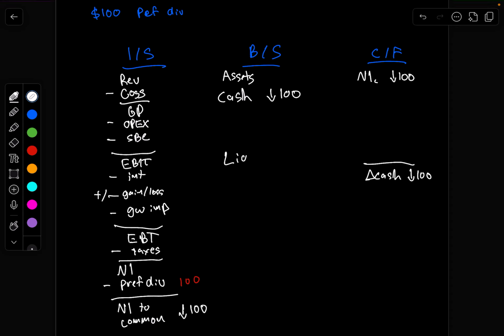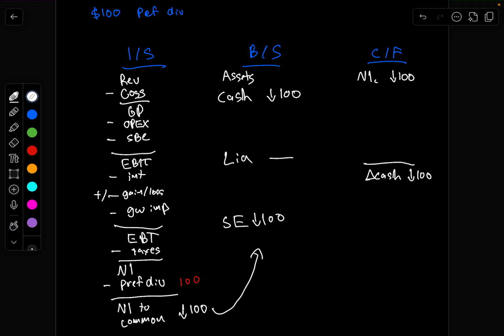Did anything happen with our liabilities? Nope. What happened to our shareholders' equity? Well, it went down by 100. This is the most important piece here: recognizing that if we pay out a preferred dividend, that comes out before we pay out to our common shareholders.